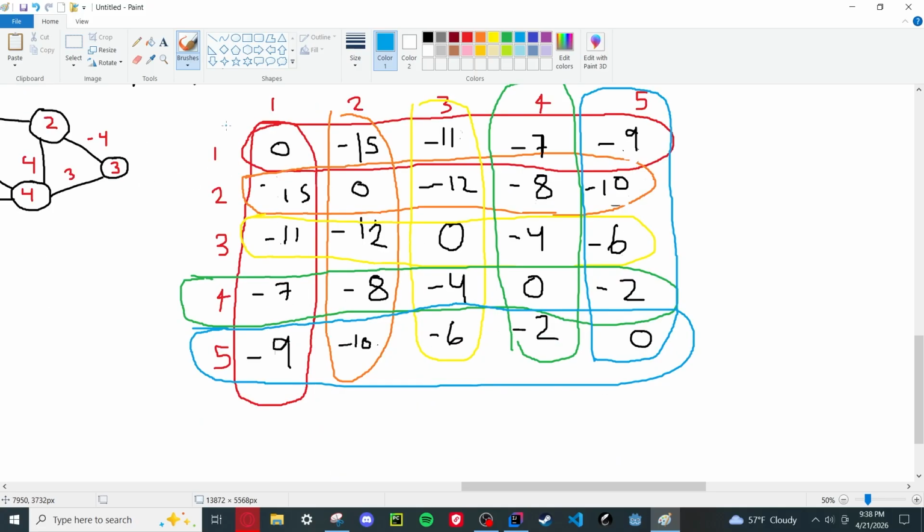0, -9, -9 is, oh, ignore that. -10, -9 is -19. -6 minus -1 is -15. -2, -9 is going to give us -11.